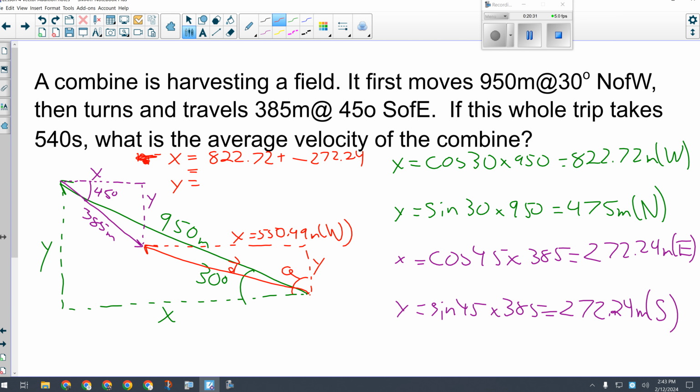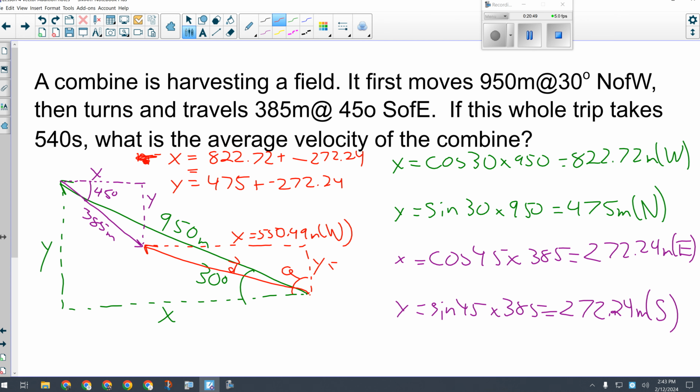Then I've got to get red y. Red y is going to be the vector sum of green y, which is north, and purple y, which is south. So green y is 475 meters, plus negative 272.24.